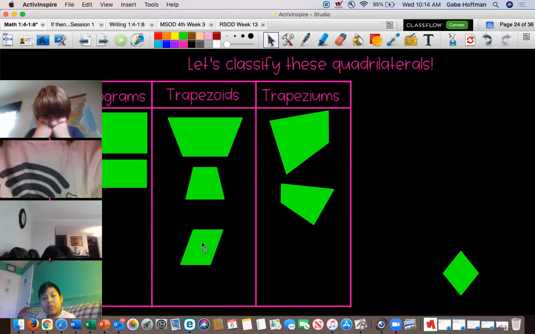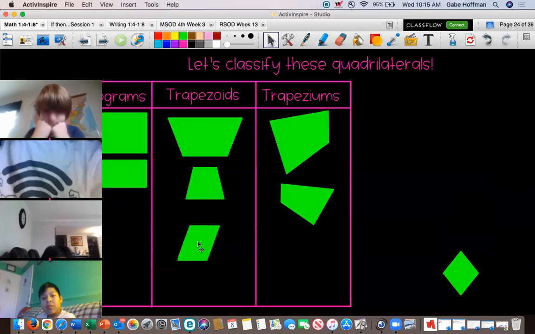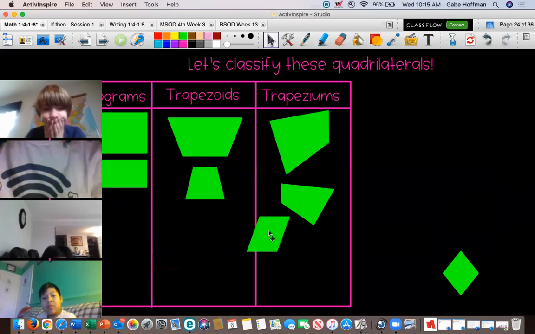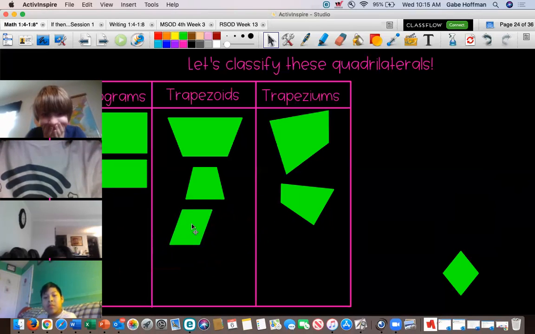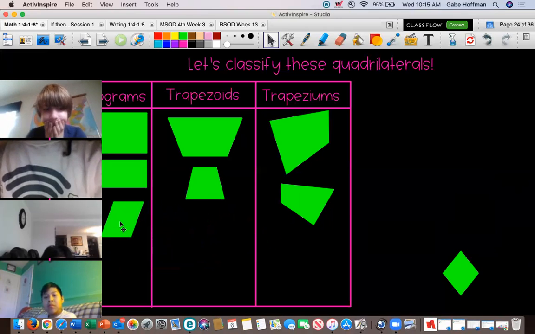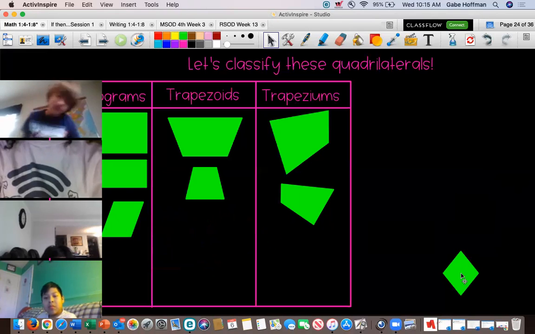Does it have parallel sides? Yes or no? Yes. Does it have 1 set or 2 sets? 2 sets. So parallelogram. That one is nothing special. It's just a parallelogram. Christian, last one. Where's this one go?